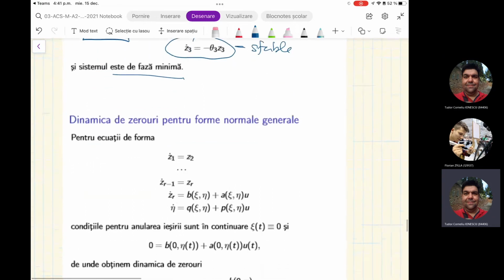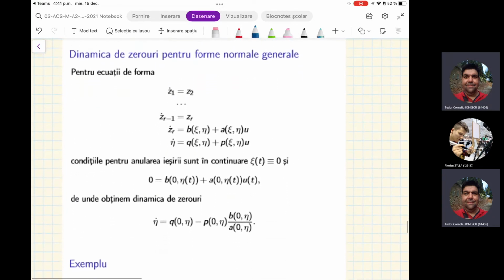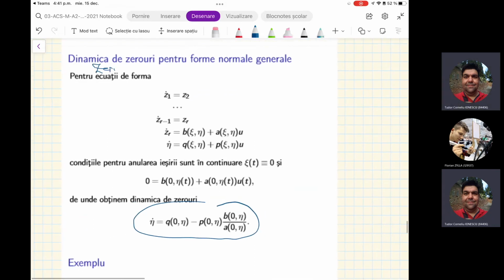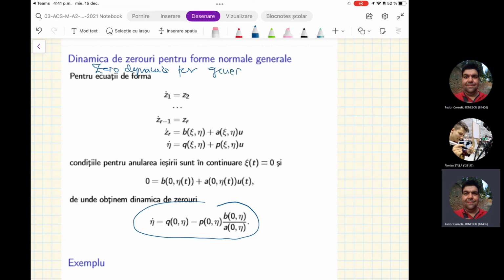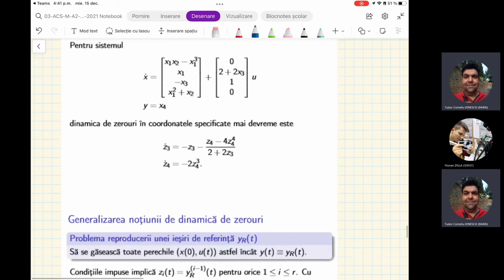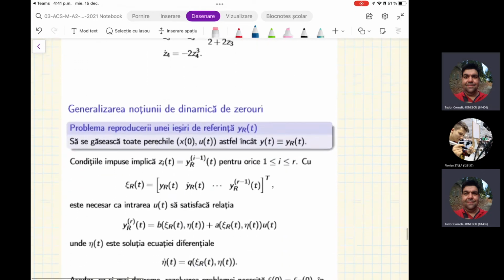Okay. And now we have the zero dynamics for general normal forms. We can compute this, and the zero dynamics has this form. Okay, so zero dynamics for general normal forms. Okay. And here we have another example. Okay.